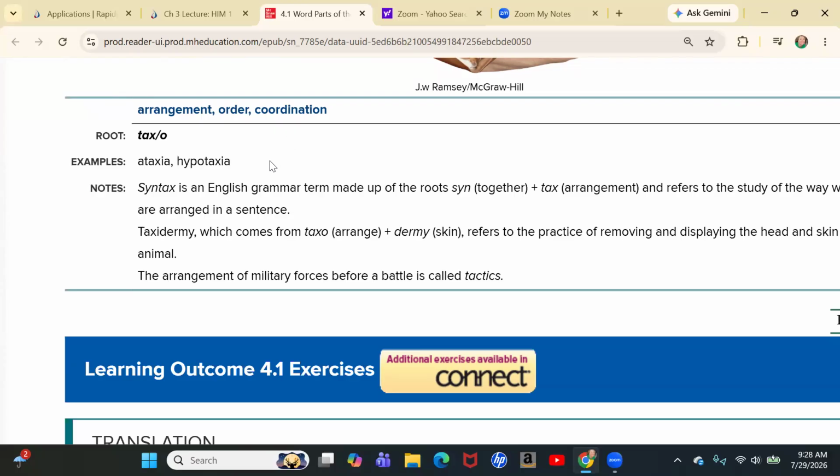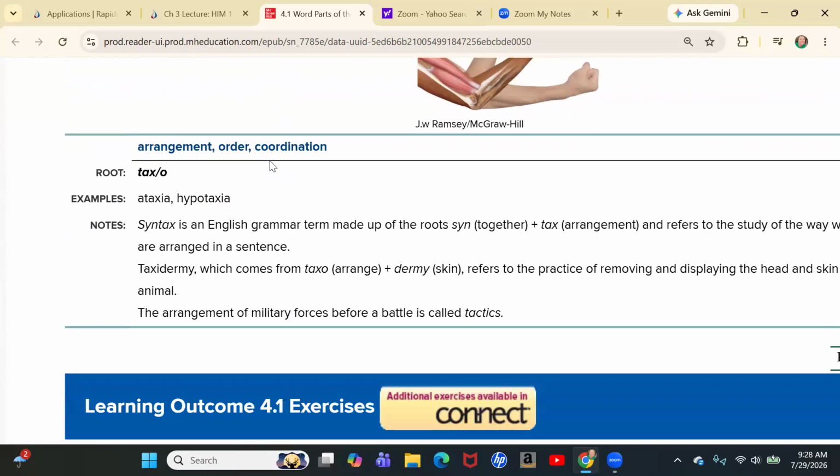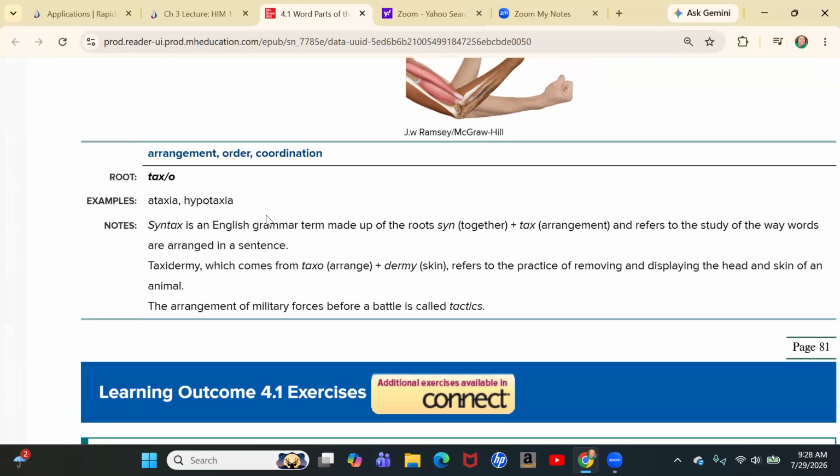The study of that is kinesiology, and putting those movements in order of which muscle does what movement is known as taxology. When something goes wrong with that, it can lead to ataxia or hypotaxia. It means the study of the way a person moves.